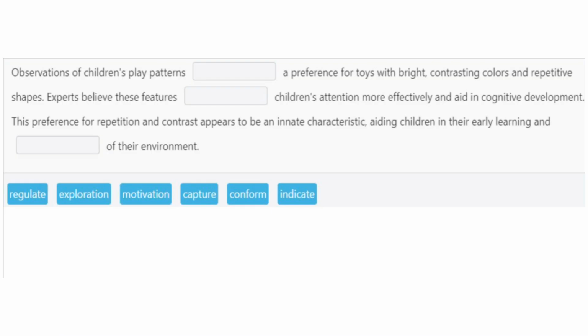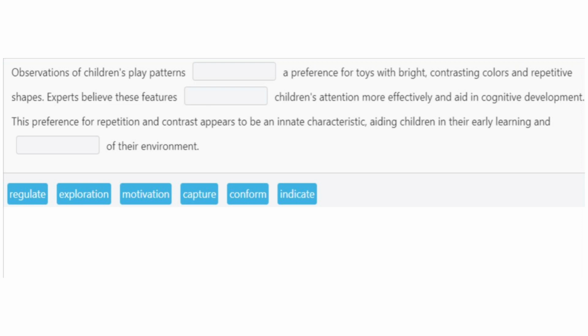Okay, let us look at an example. Observations of children's play patterns dash a preference for toys with bright contrasting colors and repetitive shapes. So after patterns, this is the entire subject. Observation of children's play patterns, this is the subject. After that we have to have a verb.